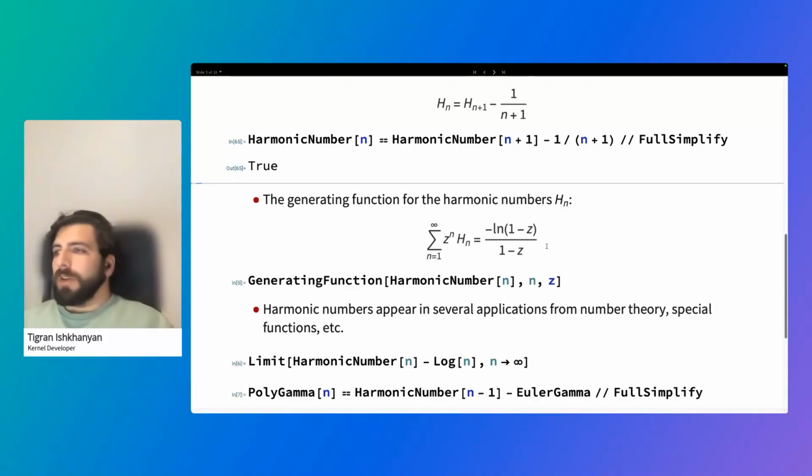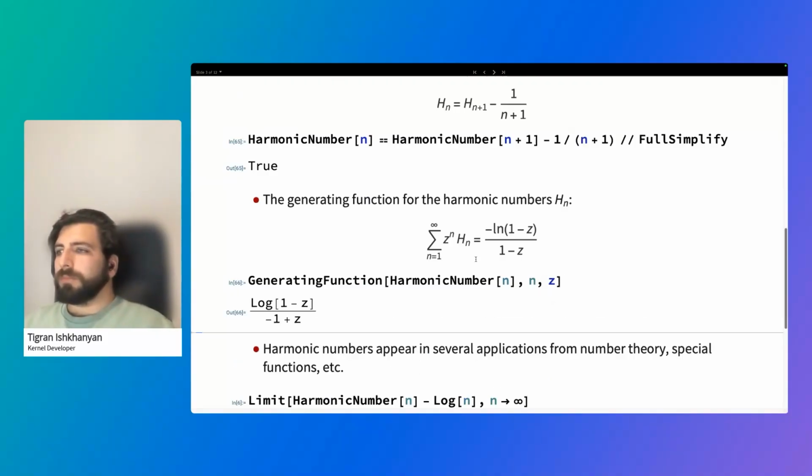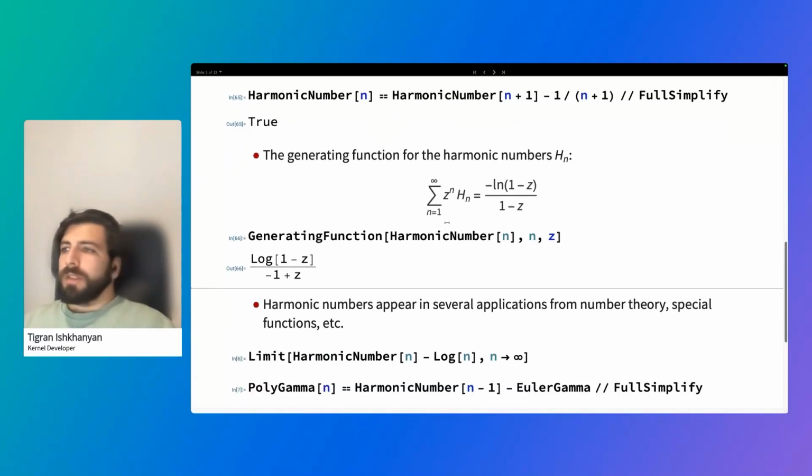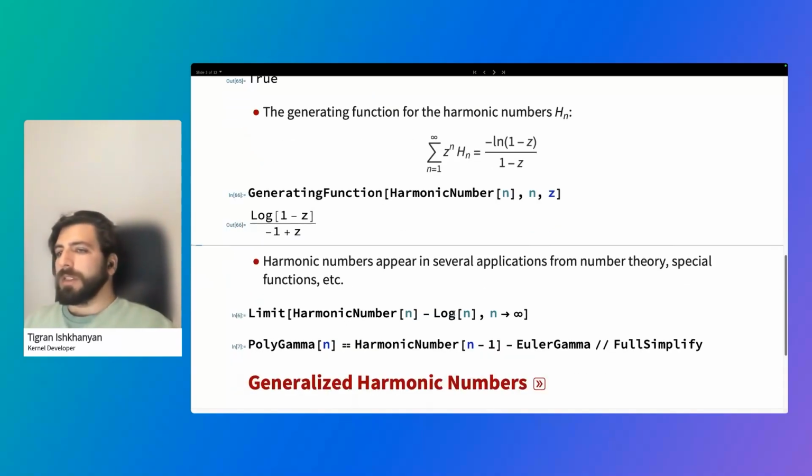Also, there is a lot of functionality connected with harmonic numbers, say the generating function, written as a logarithm. In general, the harmonic number appears in several applications, from number theory and special functions theory to a lot of other tasks.